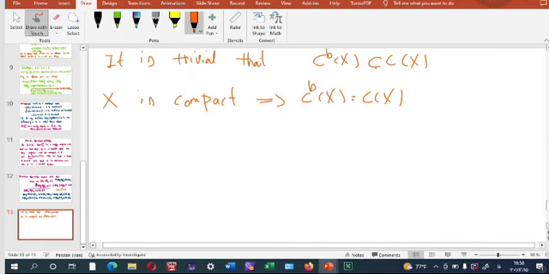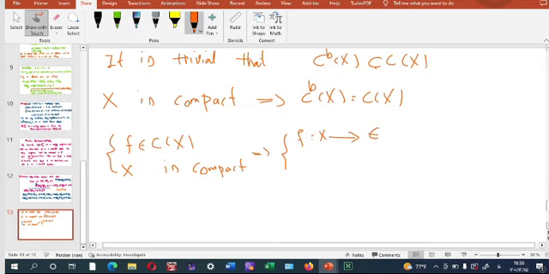because if F belongs to C of X and X is compact, then F from X to C is continuous and X is compact. This shows that F is bounded.